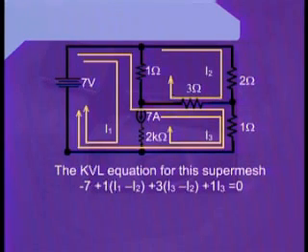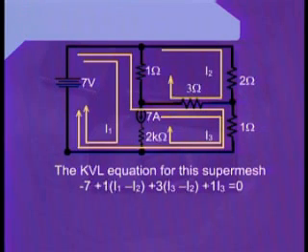After writing this term, we move in the clockwise direction and we reach the 1 ohm resistor. Looking at the 1 ohm resistor, we can see that this branch is being shared between mesh number 1, the super mesh, and mesh number 2. Also, the two currents I1 and I2 are affecting this 1 ohm resistance. However, these two currents are flowing in opposite directions to each other.